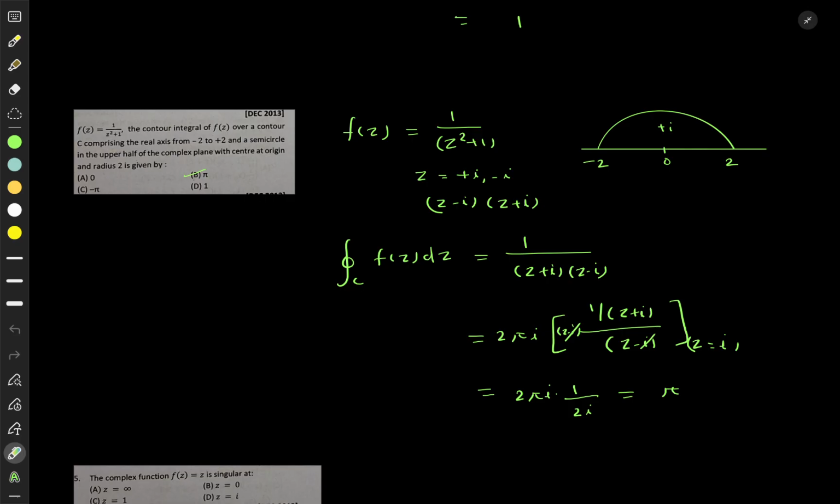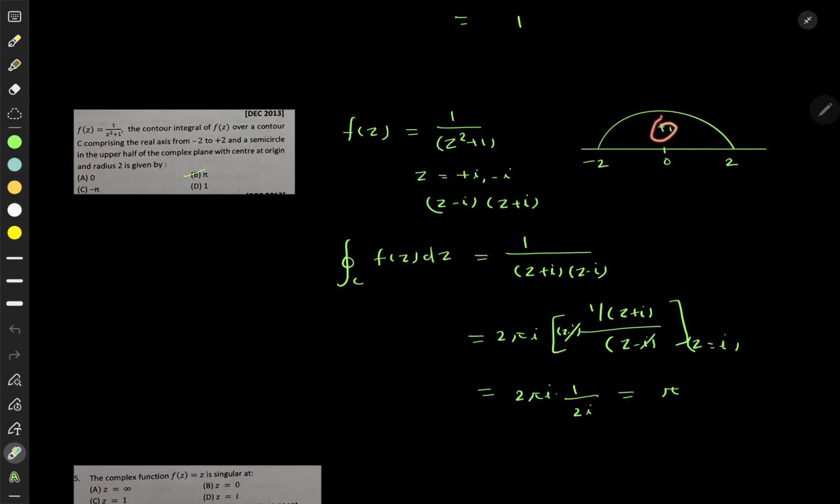Again we have a question here. Function of z equal to 1 upon z square plus 1. It is a semicircle from minus 2 to plus 2, and radius is 2 with origin. So we have singularities here, z equal to plus minus iota.